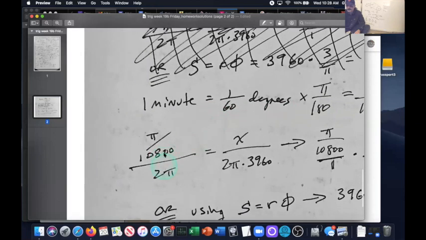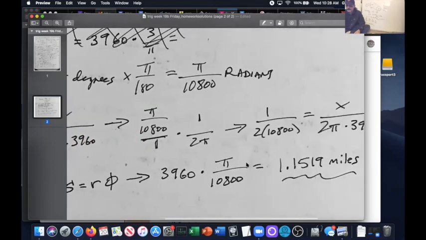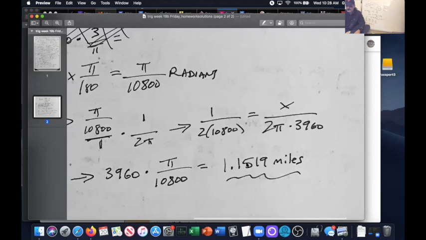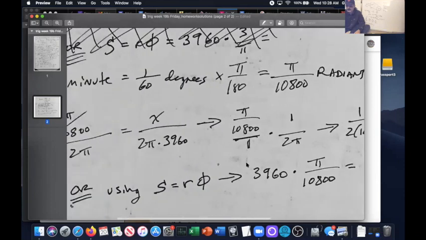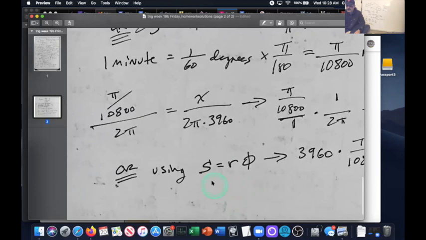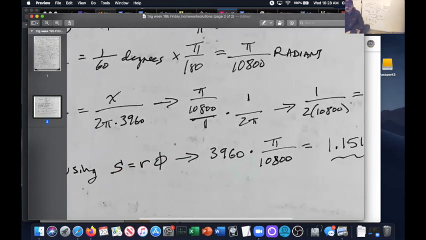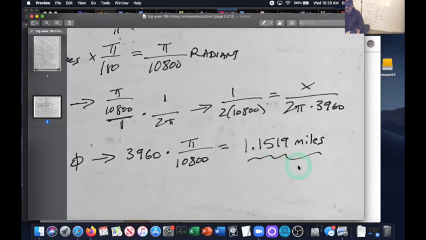And then I used the proportion, out of 2 pi, how much distance out of the total circumference, and rearranged that. And so you can see if you wanted to just use this formula, we already have radians, and so the radians times the radius, and we can do it that way too. So a little more than a regular mile. So it's not exactly a mile, it's actually more than the regular mile.